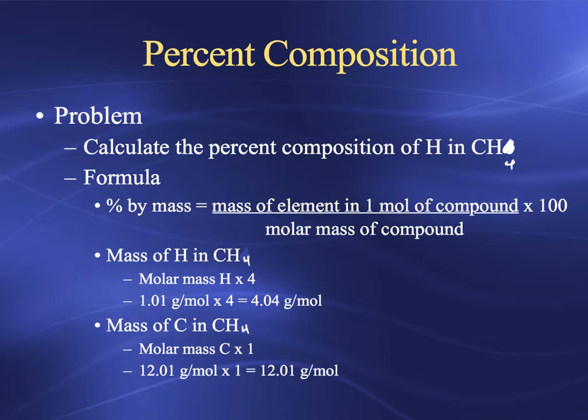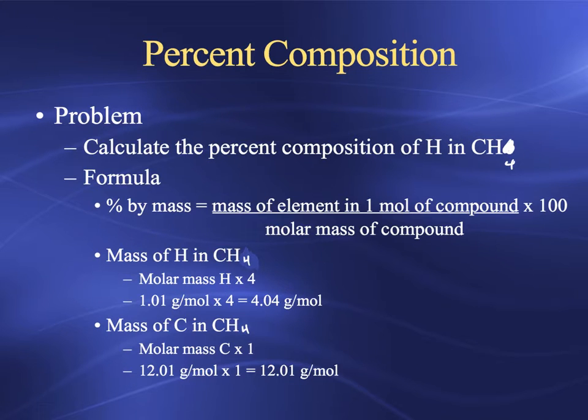Okay, so if I'm trying to find the mass of hydrogen in CH4, methane, and I'm given no information at all on where to start, what you go for is the molar mass of these elements. We've got 4 hydrogens in this compound, H4. So in order to find the percent composition of hydrogen, I'm going to first take the molar mass of hydrogen times 4.